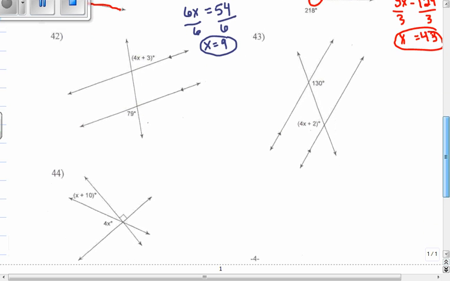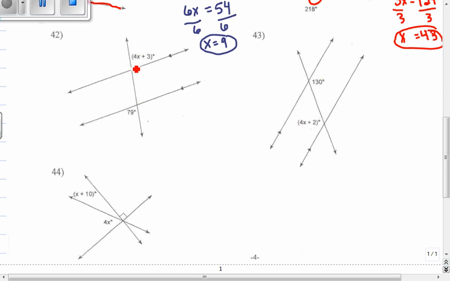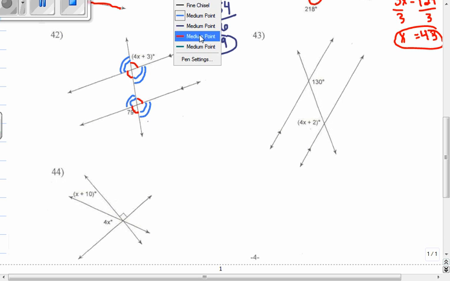Okay, once again, we have parallel lines cut by a transversal. We want to mark our angles. The two angles that we have information about, are they the same angle mark or different angle marks? The same. So if they're the same, how do we write the equation?